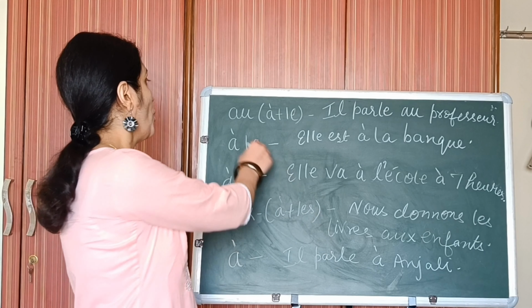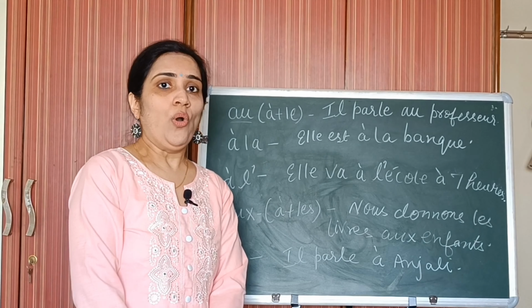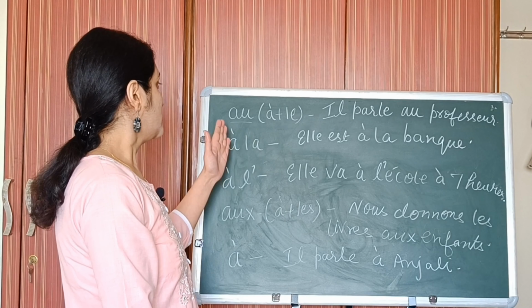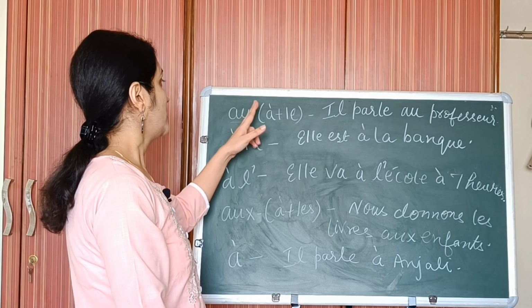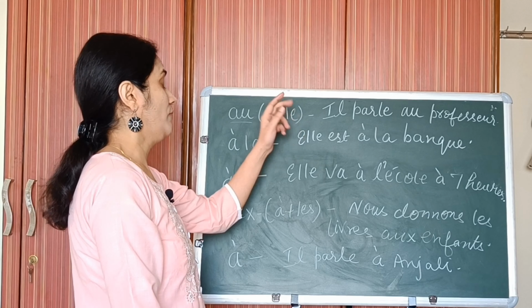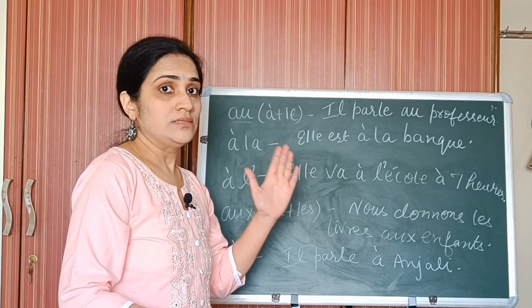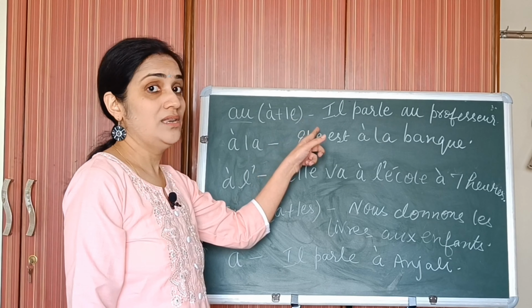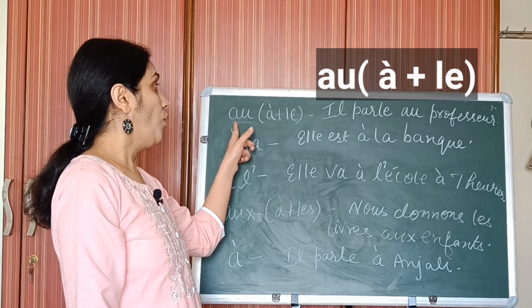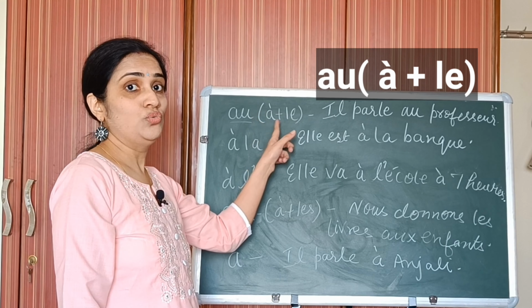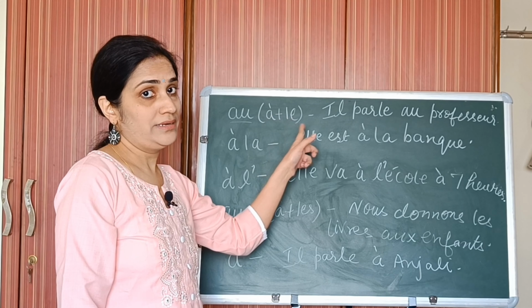So the first one is au, A-U, O. To split this term, I have written the form in the bracket to make the term simpler. À plus le, and it becomes au. À, le: to the, in the, at the.